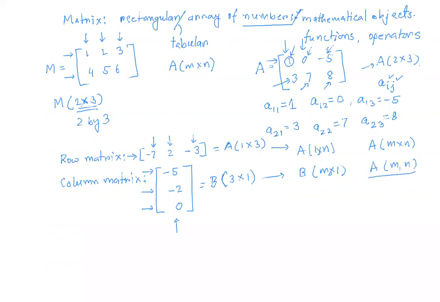That's just a notation saying that it is an m by n matrix, but from the context of the discussion, it will be clear. So A 1 by n or A m by 1 matrix. So this is about row matrix and column matrix.